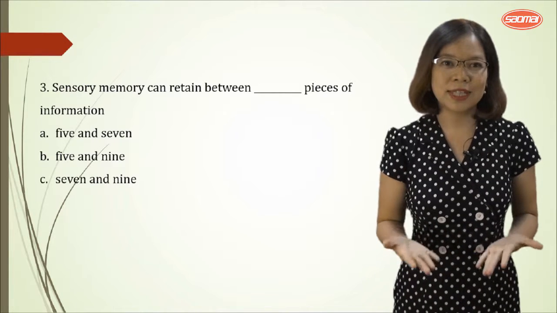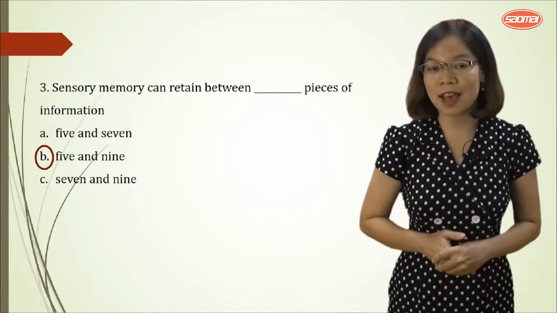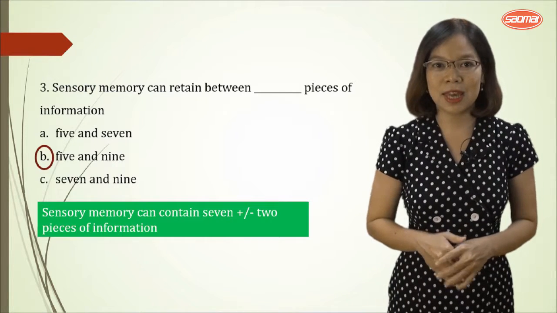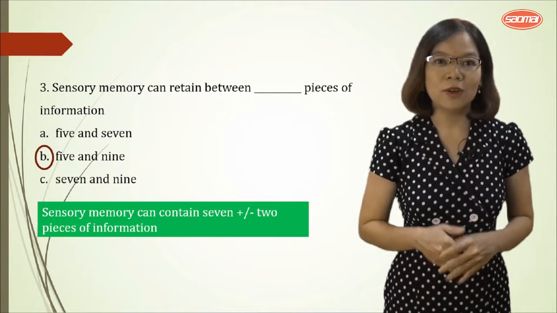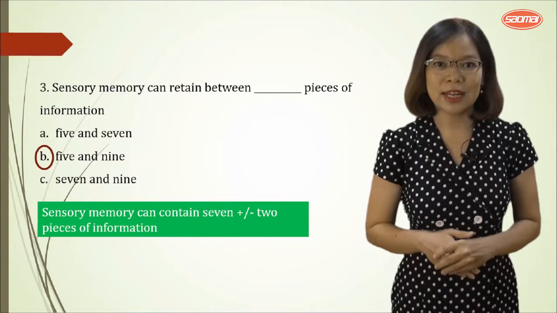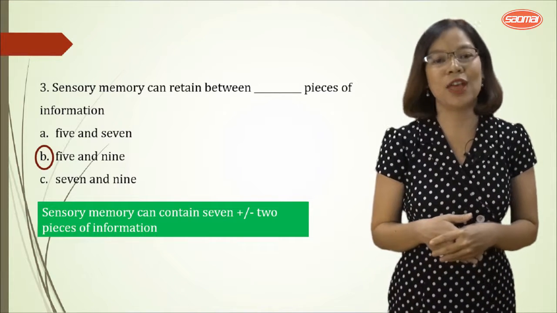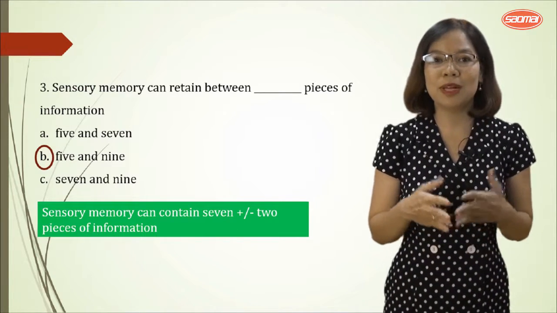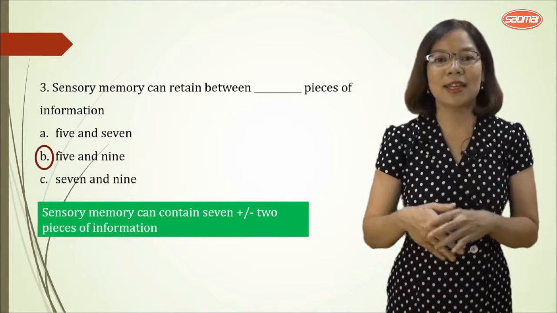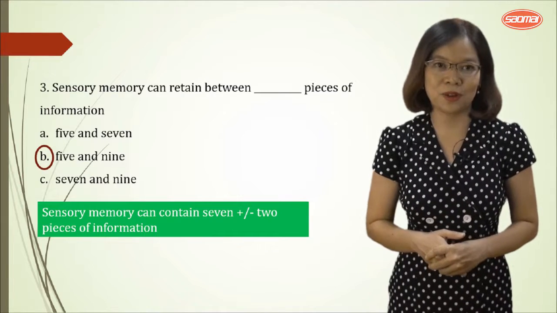We have 5 and 7, 5 and 9, and 7 and 9. And how do we decide? So we have B. Because if you look at the text, you have this sentence. Sensory memory can contain 7 plus or minus 2 pieces of information. So 7 plus 2 means 9 and 7 minus 2 equals 5. So B is the correct answer.